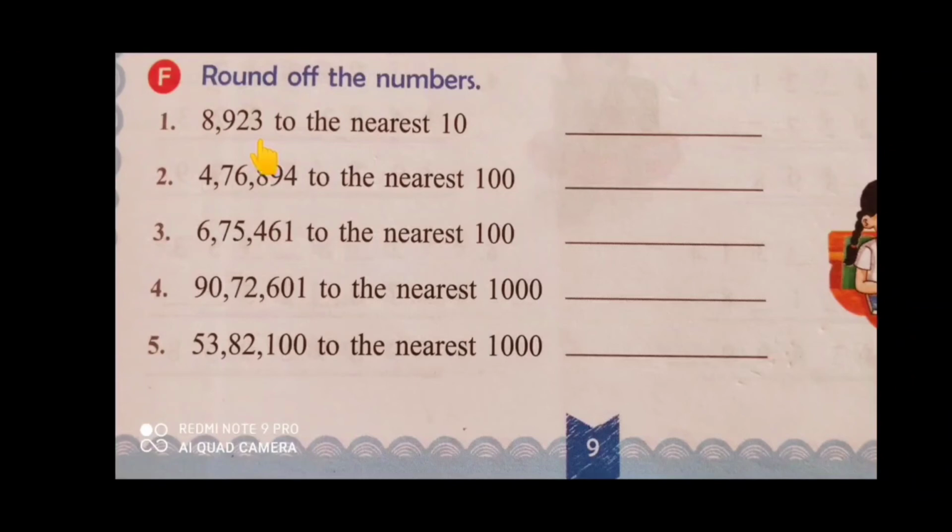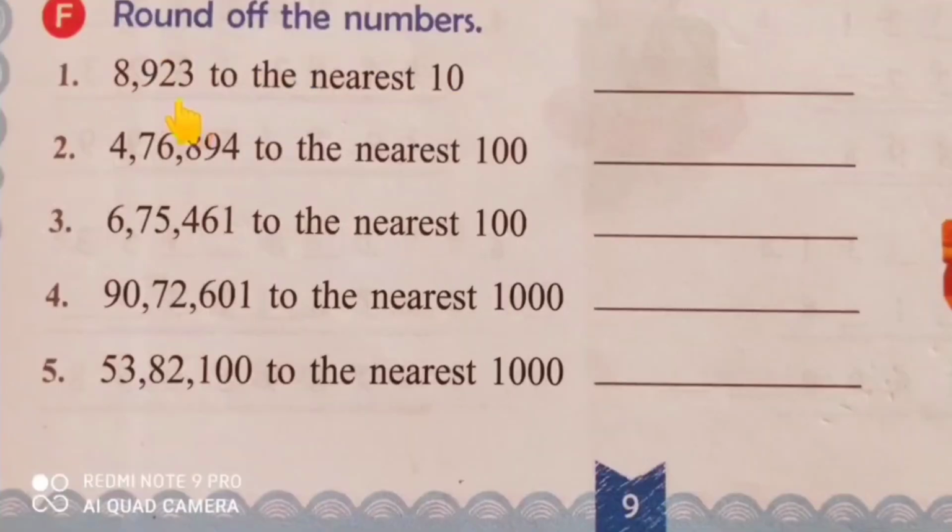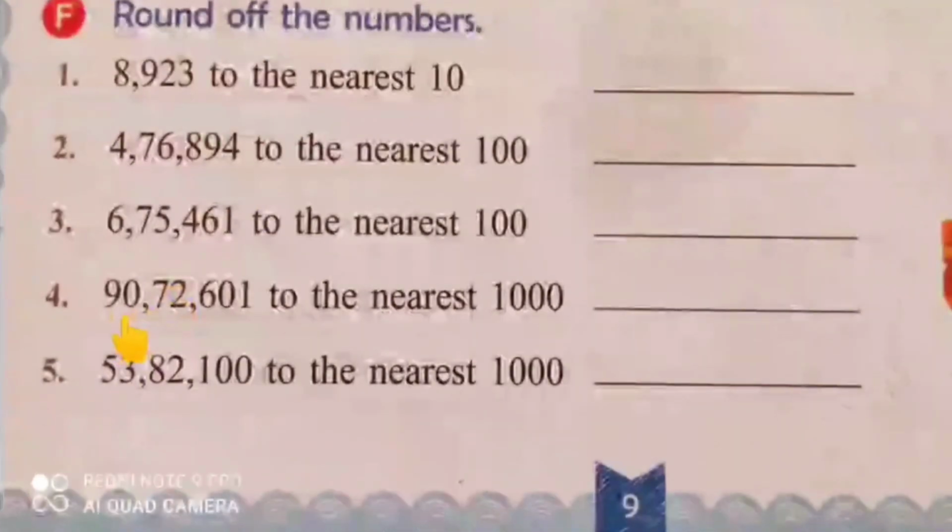This is below 5. So instead of writing 3, we have to put 0. So what is the answer? 8,920. So we have to write 20, not 23. Is it clear, children?